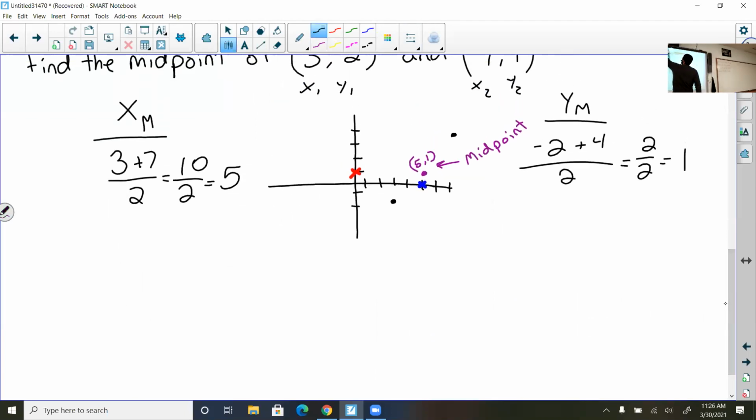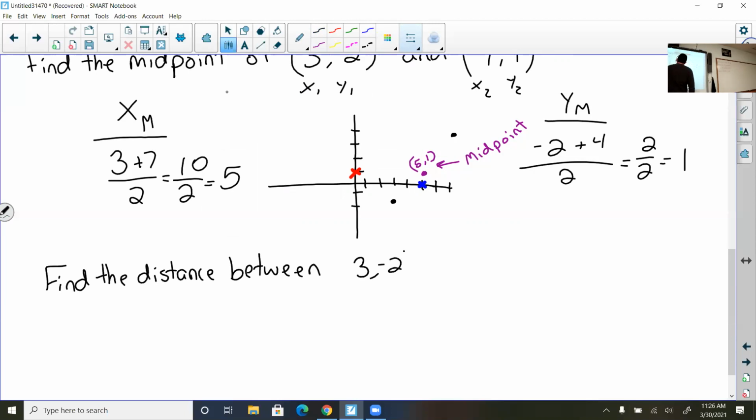Let's bring back a skill from yesterday. What if we wanted to find the distance between (3, -2) and (7, 4)?